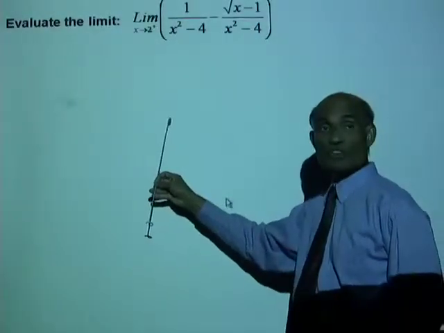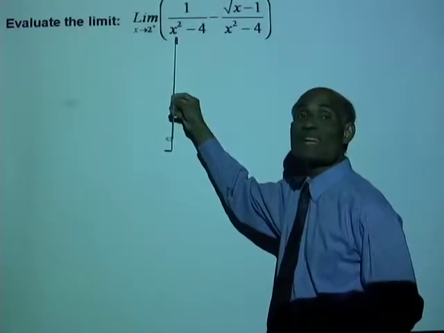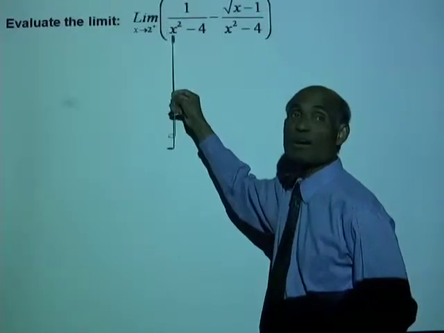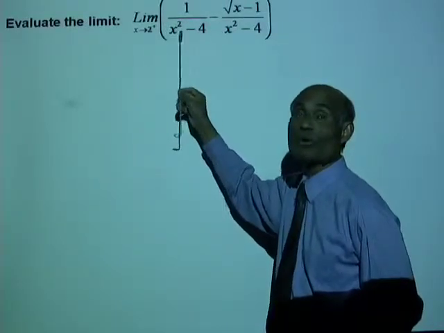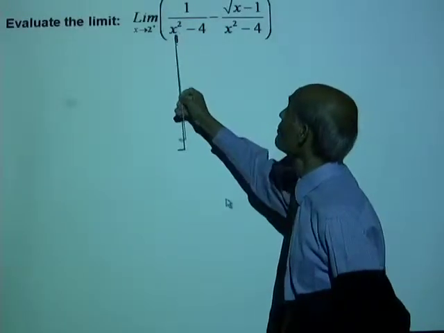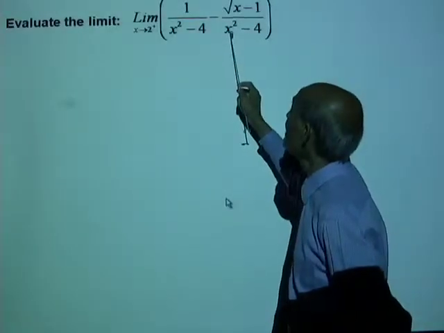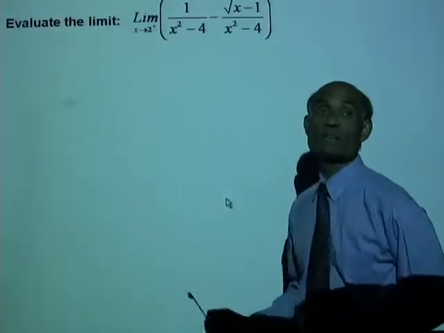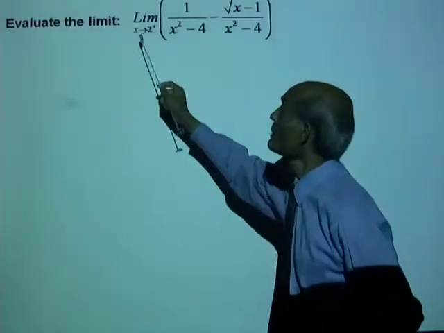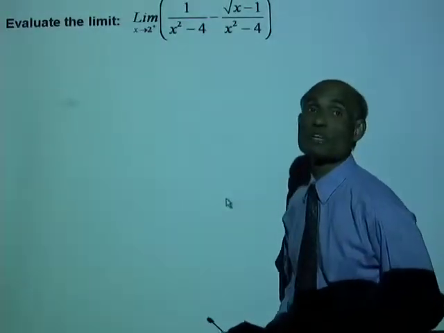If x is approaching 2 from the left, the x values will be less than 2. When x values are less than 2, x squared values will be less than 4. Will that make any difference there? Well, the denominator is not much of a problem, but we are looking for the limit as x approaches 2 from the right.